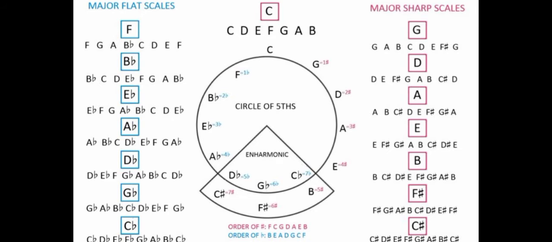We have C, we have D, we have E, and F. So the 7th letter is where we're going to put our sharp, which means it's going to be F sharp. And then after F we have G, and that gives us a G major scale with an F sharp. That is why you can see there we have 1 sharp in our G major scale.